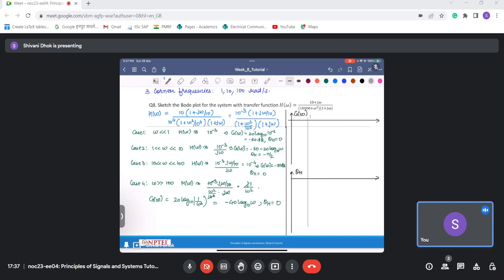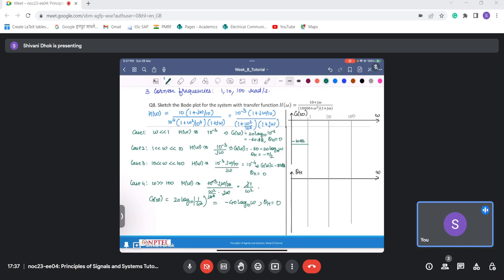The next corner frequency that we have is 10, and the next corner frequency is 100. This is omega, this is omega. Now if omega is very much less than 1, it takes the value minus 60 dB. So till here it is minus 60 dB.